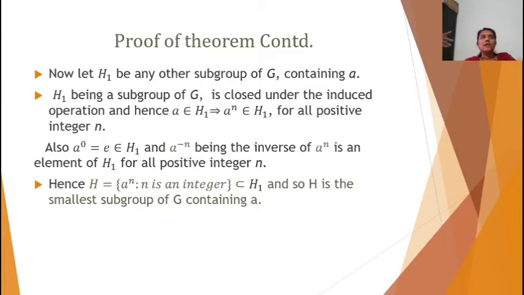Also a raised to 0 equal to e is an element of H1, and a raised to minus n, being the inverse of a raised to n, is an element of H1 for all positive integers n. So all the elements of H are in H1, which means H is a subset of H1. So H is the smallest subgroup of G containing a.